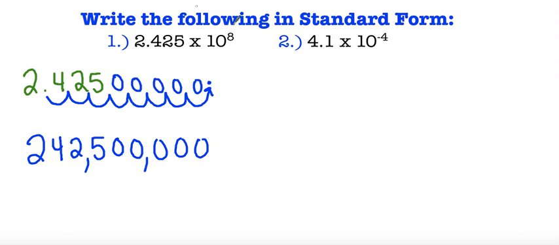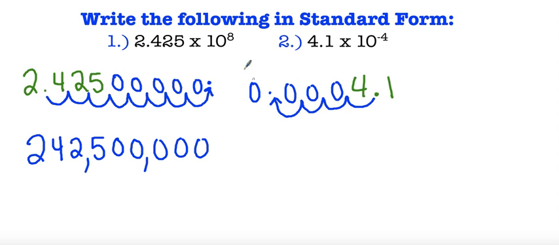Here for my next problem, I have 4 and 1/10 times 10 to the power of negative 4. And based on our previous video as well, we learned a shortcut where we could take 4 and 1/10 and move our decimal over to the left 4 times. And don't forget to add a 0.